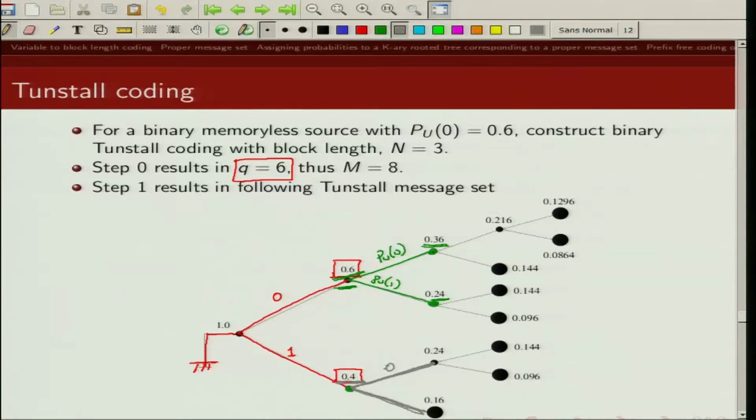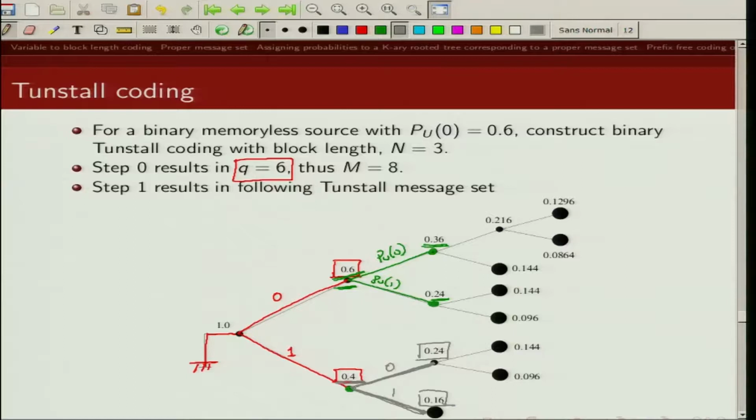This corresponds to letter 0, this corresponds to letter 1, and these probabilities we can compute similarly. It is 0.4 into 0.6 is 0.24 and 0.4 into 0.4 is 0.16. So this is now the second extension of the extended root.